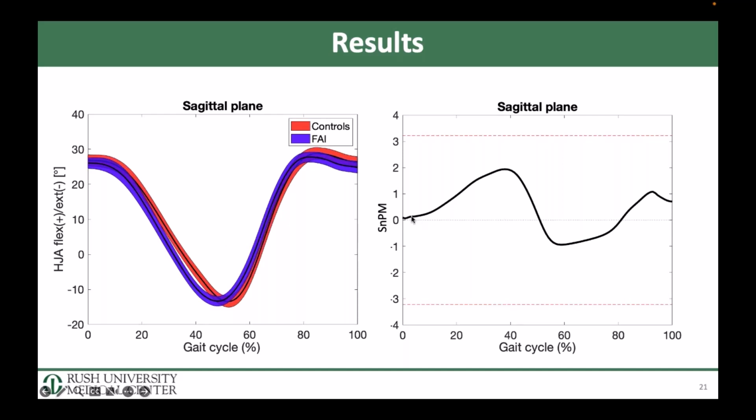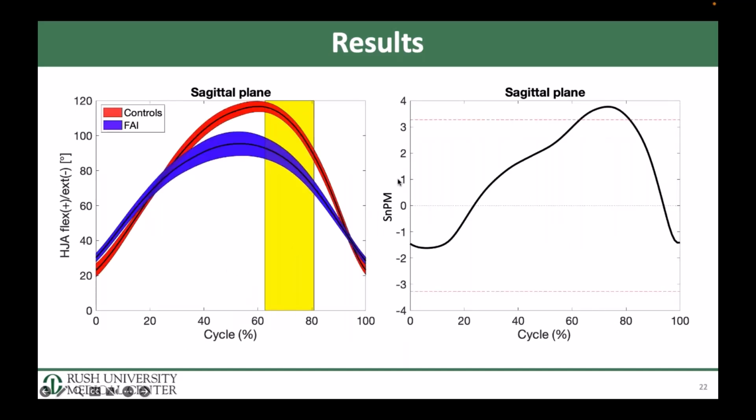And the idea is that if this black curve does not overcome one of these 2 thresholds, so these 2 red dashed lines, then it means that there are no statistically significant differences between the curves on the left-hand side. And this is actually what happens here, because you can see that this black line stays in between these two lines, and so this can also be confirmed from a qualitative point of view overall.